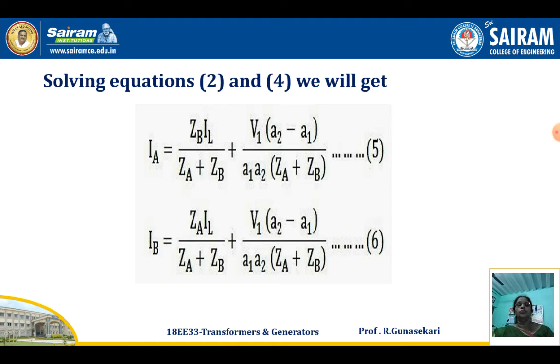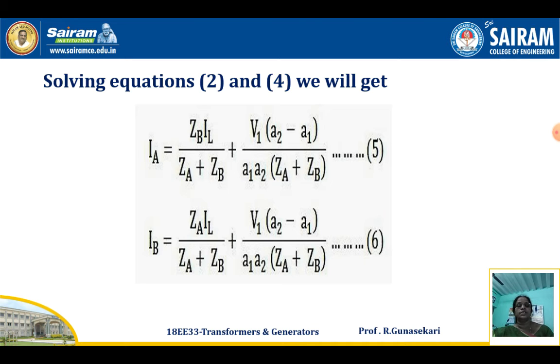Now you can see the IA equation and IB equation. What is the difference between them? Each current equation consists of two parts. The first part for IA is ZB IL divided by ZA plus ZB.